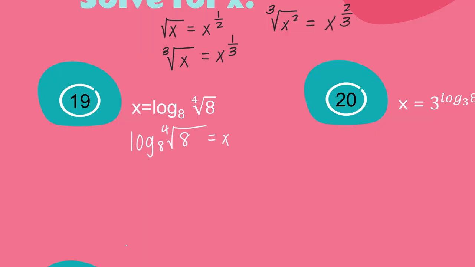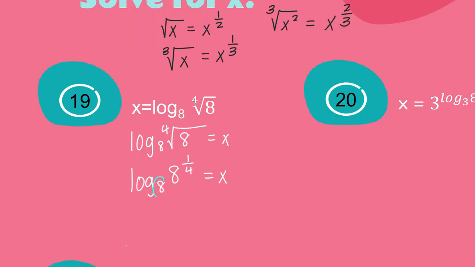So knowing that information, I'm going to change this one to log base 8 of 8 to the power of 1/4 equals x. So it looks a little better and I got rid of the radical. We're solving it the same way we've been doing for the last few questions.